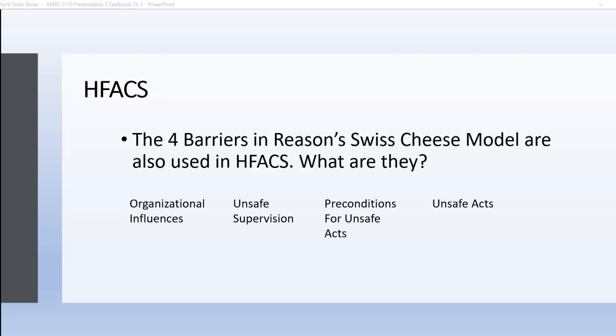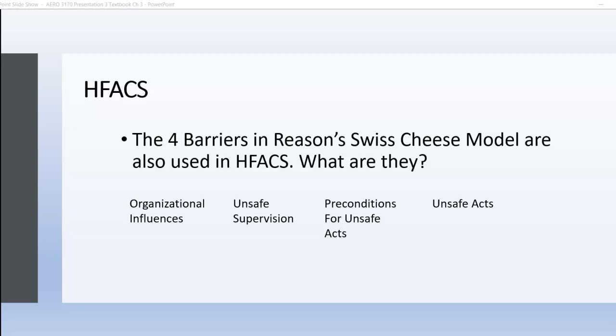Preconditions for unsafe acts include environmental factors like physical environment, condition of operators, for example, mental limitations, and personnel factors, including crew resource management and personnel readiness. And finally, unsafe acts include errors and violations.